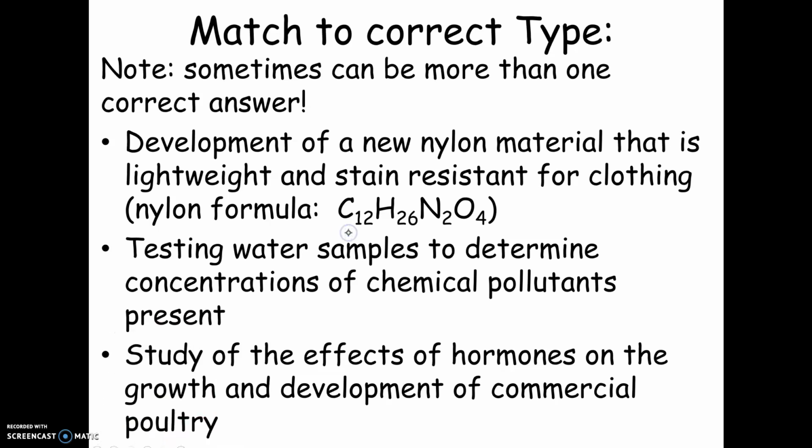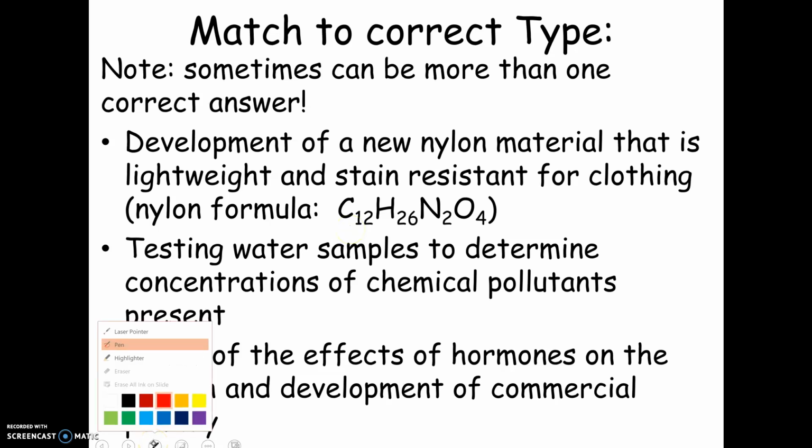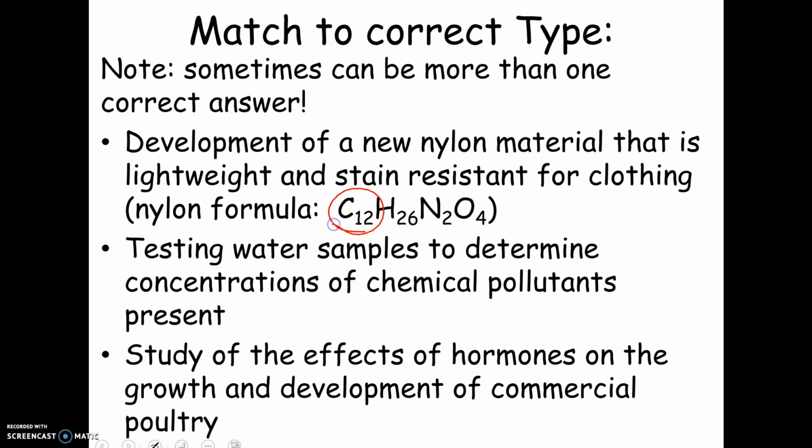And notice in nylon, one of the main components here is carbon. So one good guess on this would be organic chemistry, because it is specifically looking at a carbon-based type of compound. And this would definitely be applied, by the way, all of these would be applied chemistry because they're all directed towards a specific goal.